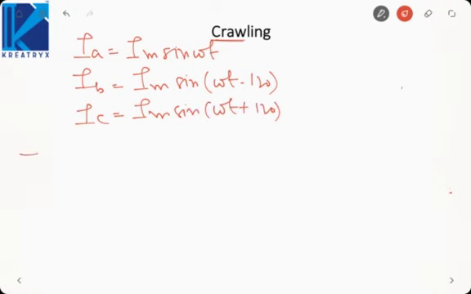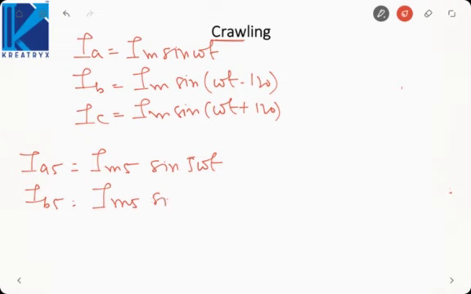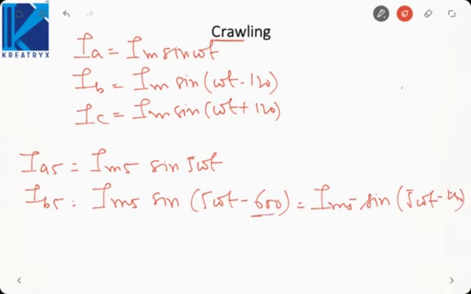Now if we talk about the fifth harmonic, Ia5 will be Im5 sin 5 omega t. Ib5 will be Im5 sin (5 omega t minus 600). So 5 omega t minus 600 is 5 omega t minus 240. Why? It is 360 plus 240. It is the same as plus 120.